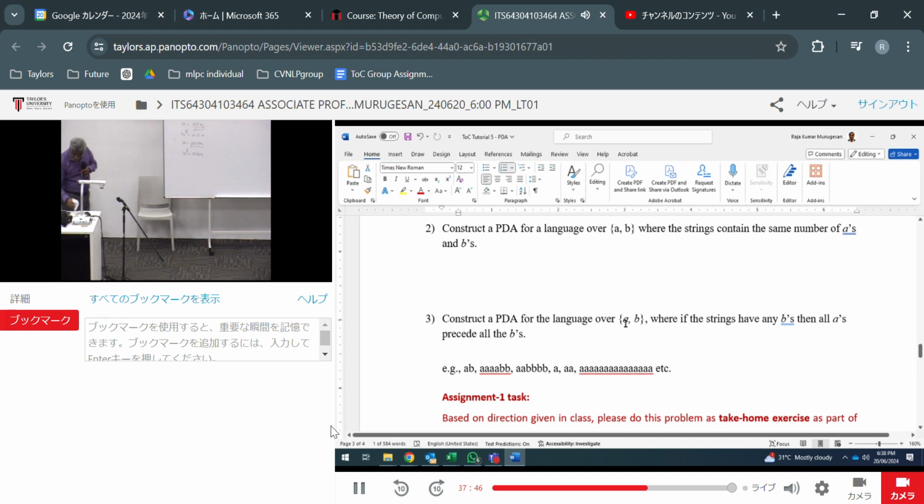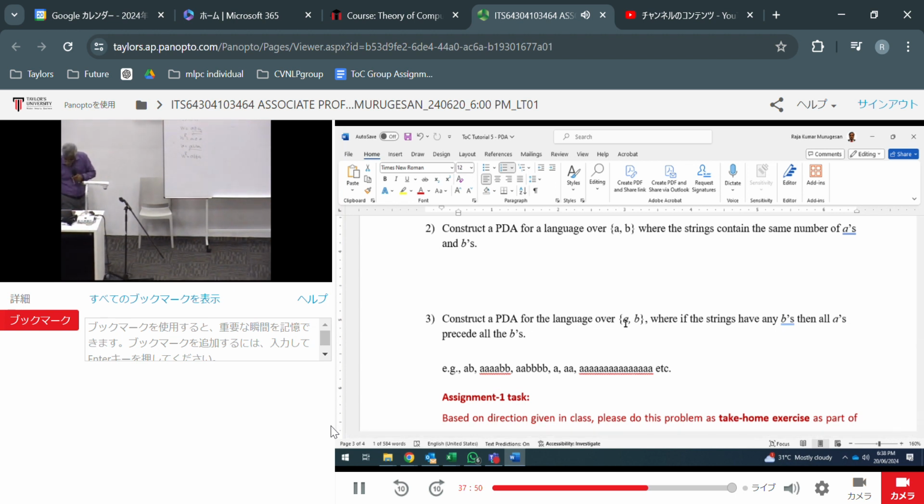Question 3 says construct a PDA for the language over {A, B}, where if the strings have any B's, then all A's precede all the B's.